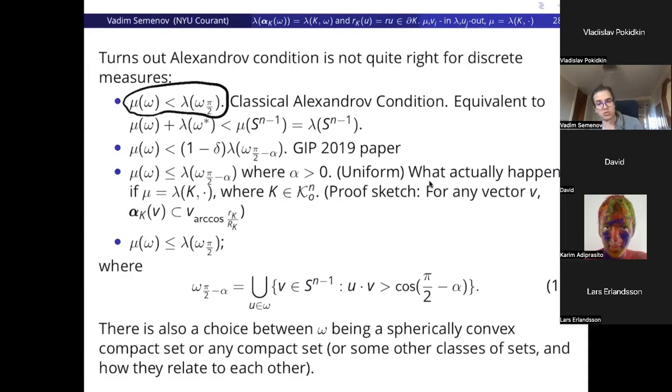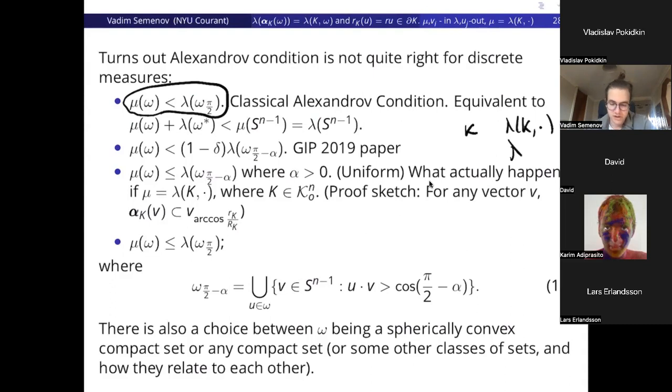The problem is that when you get to different kinds of measures, this condition does not always work. Sometimes there exists a body K such that lambda K, the Gauss image measure, and lambda don't satisfy this condition.